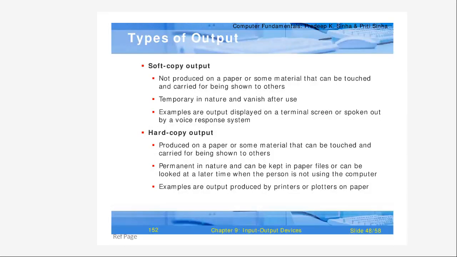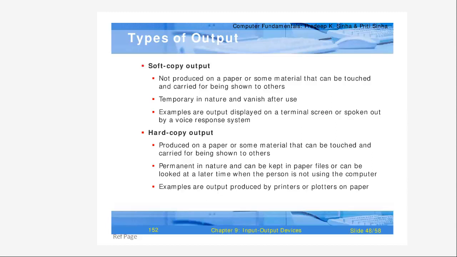If you store any documents in a computer system, that is soft copy or a hard copy. Already I am showing on the screen. It is temporary in nature because it does not appear on the paper.